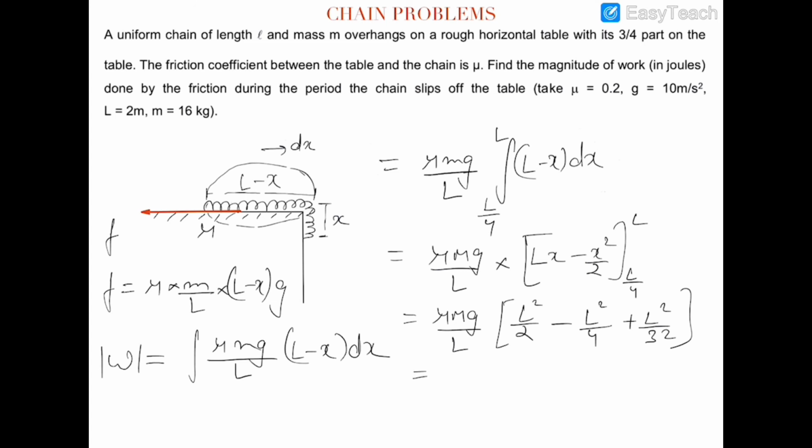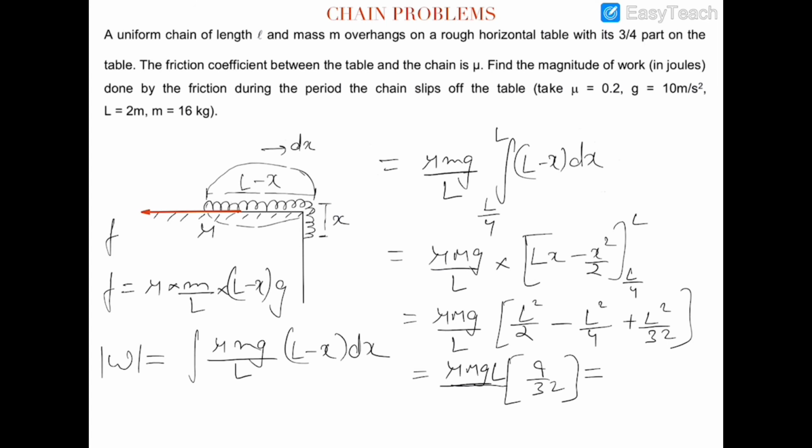So this will be equal to mu mg into L, I am taking common, and this is 1 by 2 minus 1 by 4, which is 1 by 4, and 1 by 4 plus 1 by 32 will be 9 by 32.